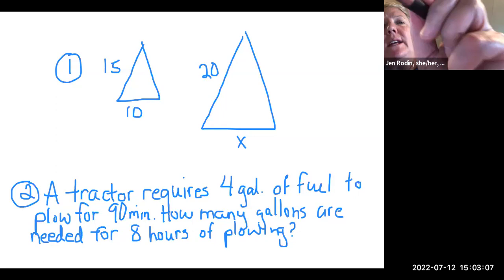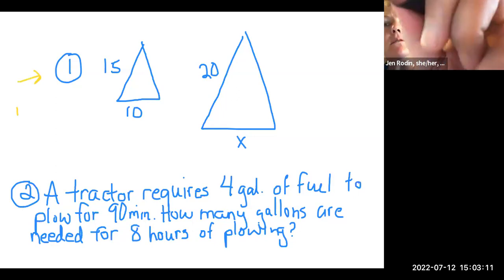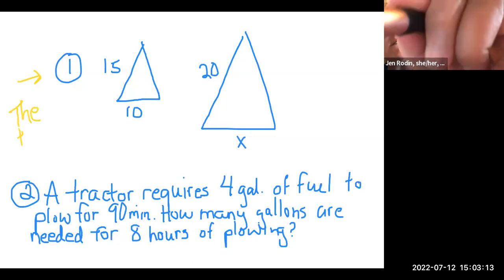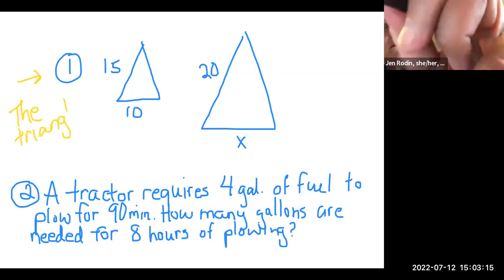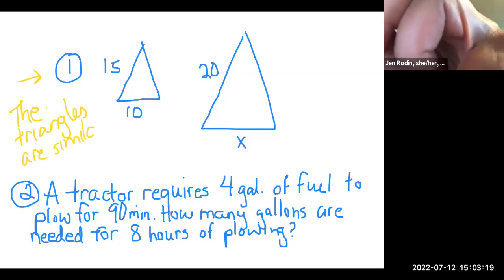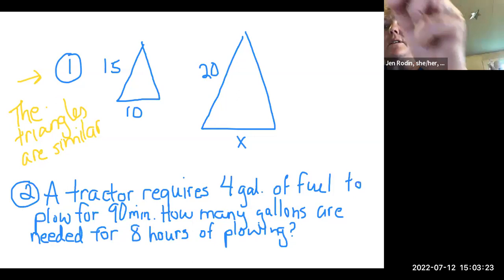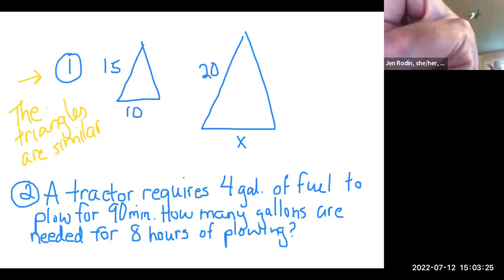So anyway, in these problems up here, they always will say something about the triangles are similar. Find the missing side. And again, similar corresponding angles are exactly equal. That's what these little marks mean. Exactly the same degrees.